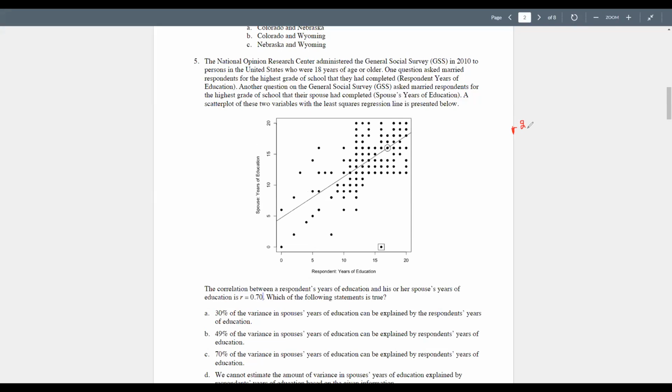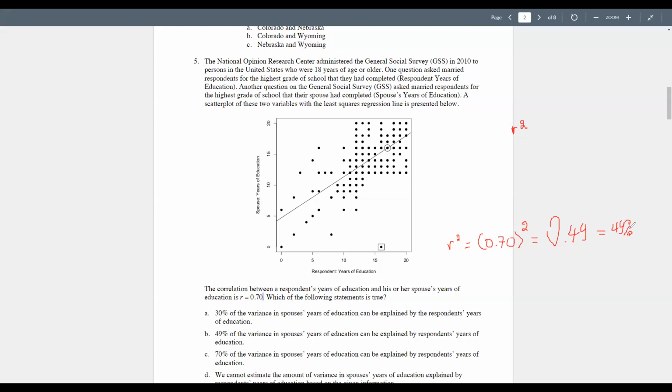What you just have to do is find R square, which is going to be 0.70 squared. If you do 0.70 squared, how much does it give you? It gives you 0.49, or I can say 49%.